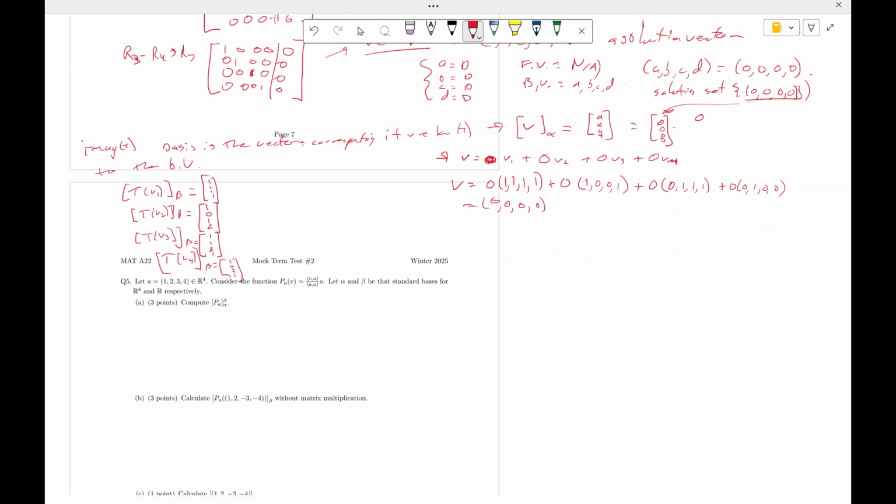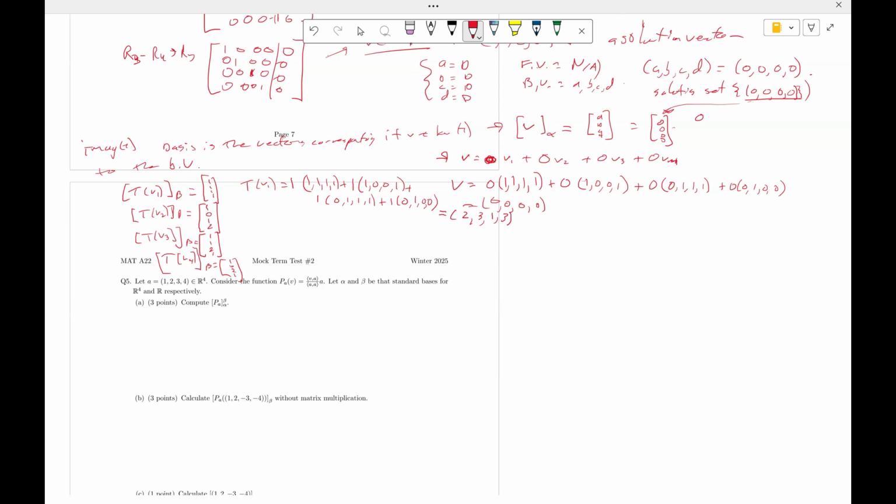Well, this means that T of V1 equals 1 times 1, 1, 1, 1, plus 1 times 1, 0, 0, 1, plus 1 times 0, 1, 1, 1, plus 1 times 0, 1, 0, 0, which is equal to, we add these all up, 2, 3, 1, 3.